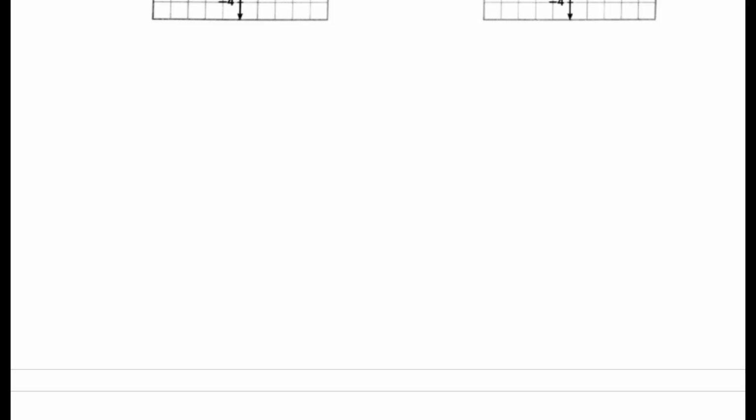Okay, for sketching reciprocal graph transformations, like I did for the prior unit, let's just remind ourselves what that looks like. If we have a parent function f of x equals 1 over x, the transformed version of that will look like this, and all those terms will have the meaning that they've had all year. So we'd have a over x minus h plus k. And you need to remember where these pieces go, but they all have the same meaning.